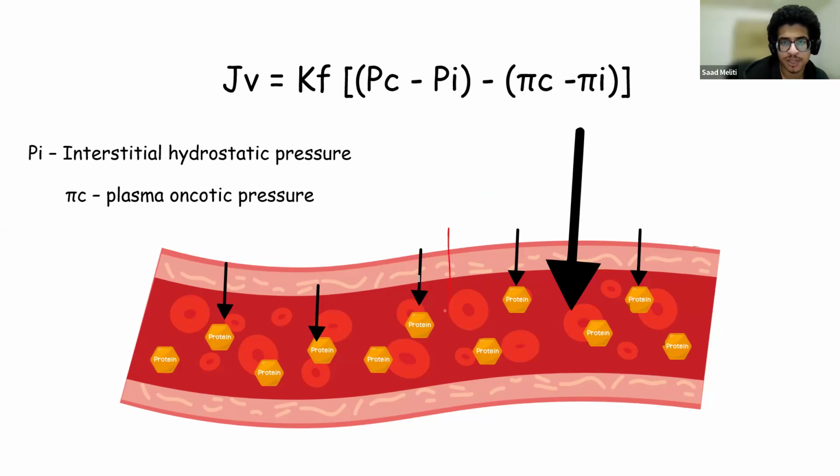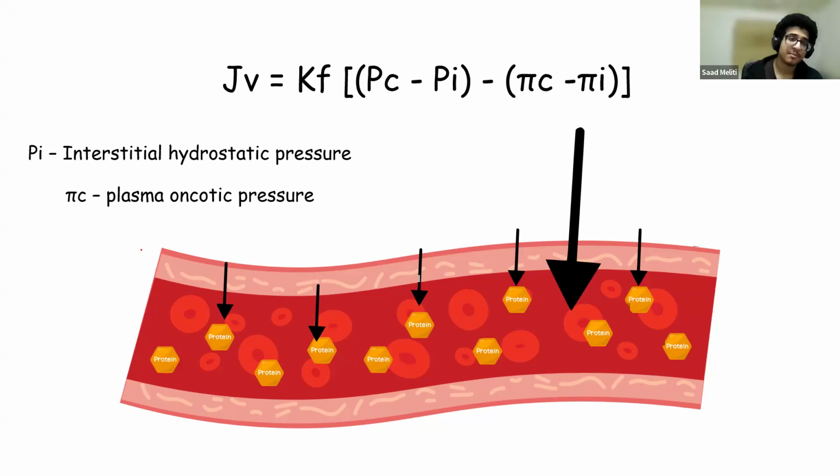Basically, we're just seeing which one is stronger. So let's say that the interstitial hydrostatic pressure is 30. And over here outside, it's like 10 or something. We're going to minus them, 30 minus 10. And we're going to get 20, which means that a force of 20 millimeters of mercury is pushing fluid outside of the blood vessel. Okay.